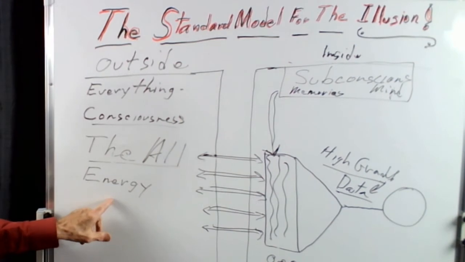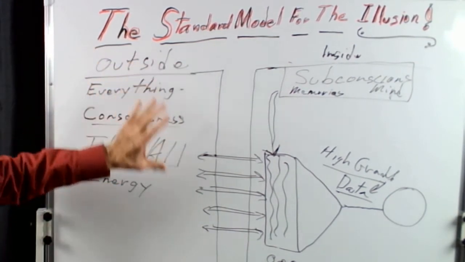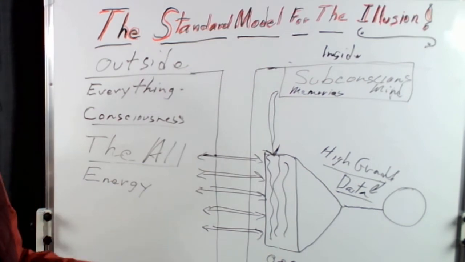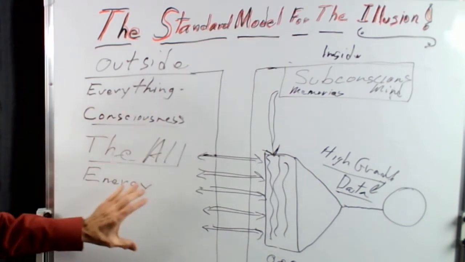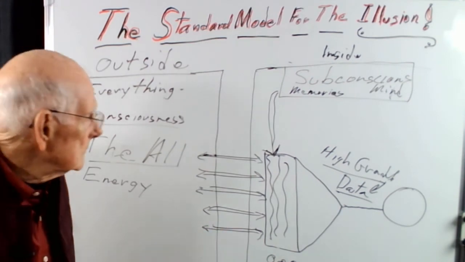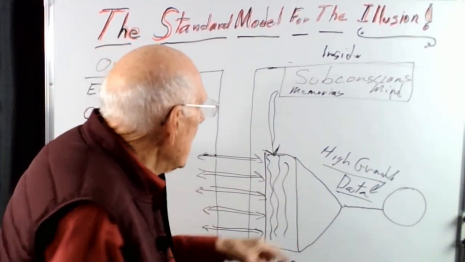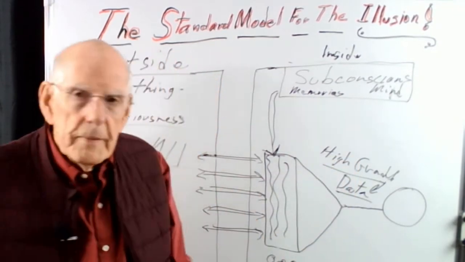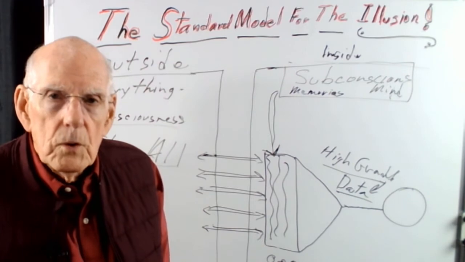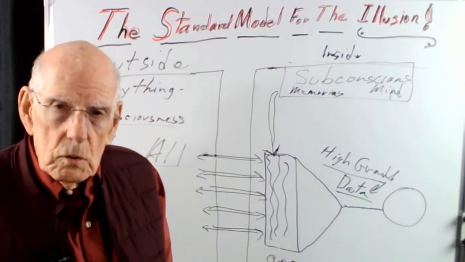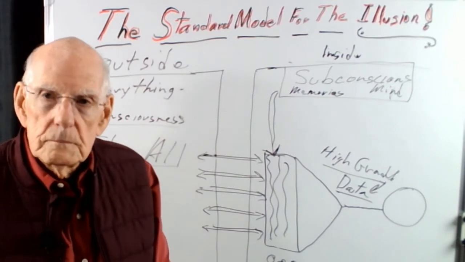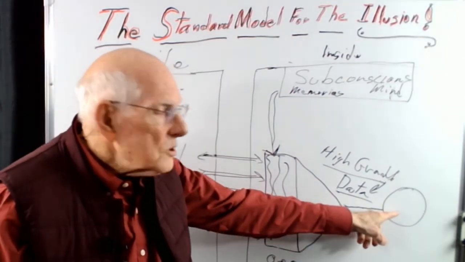We don't live in this world. This world is everything, and we're not capable of experiencing the everything. Not yet. So we get the high-graded data over here, the best fit for our survival based upon our past. This is the illusion.